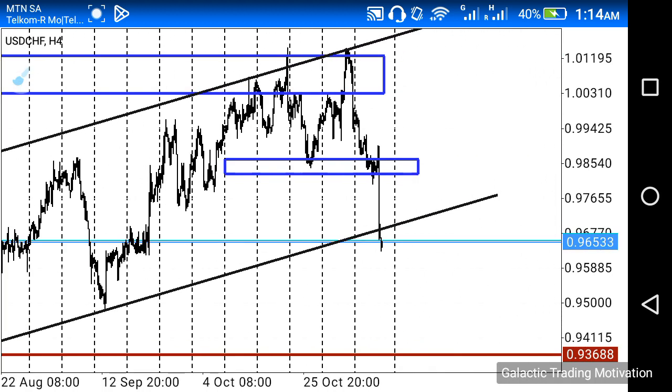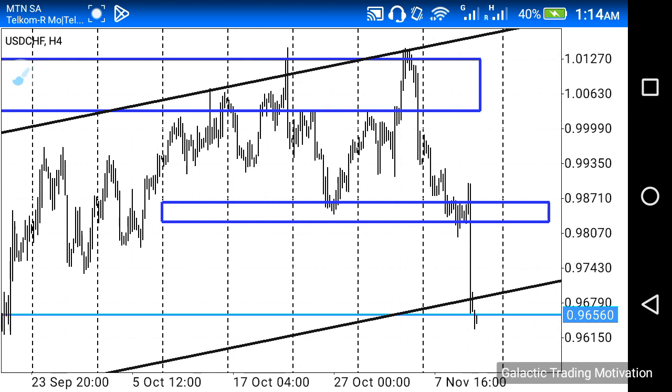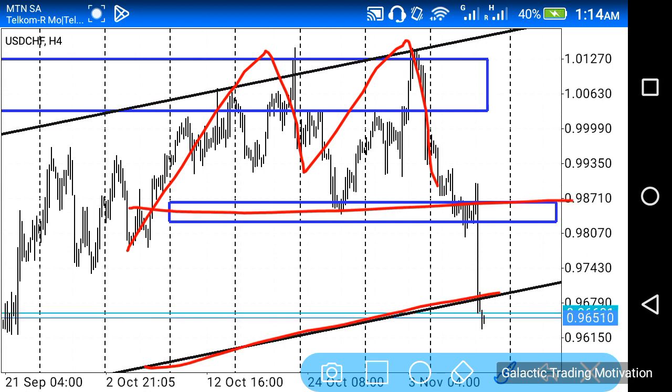So what else do we see, guys, in regards to the H4 chart of USD CHF? Remember, guys, on the daily chart we spoke about how we have this M structure over here which has a neckline at that point, right? And we had said that the neckline, or rather the channel, has been broken to the downside.